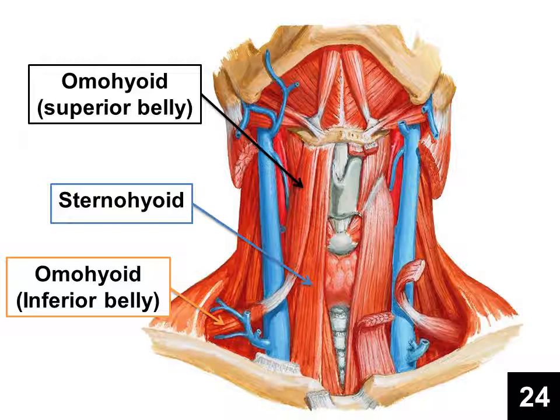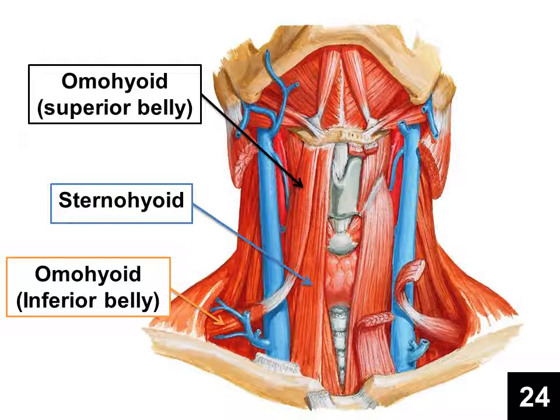And don't forget that the inferior belly divides the posterior triangle of the neck into an upper part we called occipital and a lower part we called the supraclavicular triangle. Now the nerve supply: the superior belly is supplied by the superior root of ansa cervicalis, which is C1, and the inferior belly is supplied by the ansa cervicalis itself, C2 and C3.